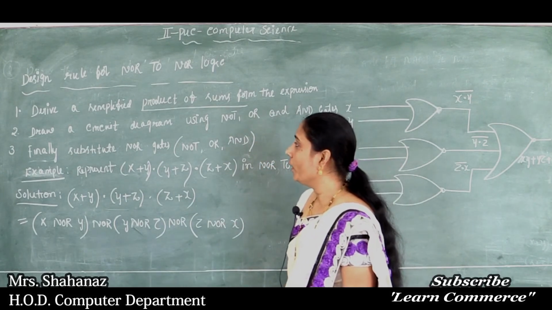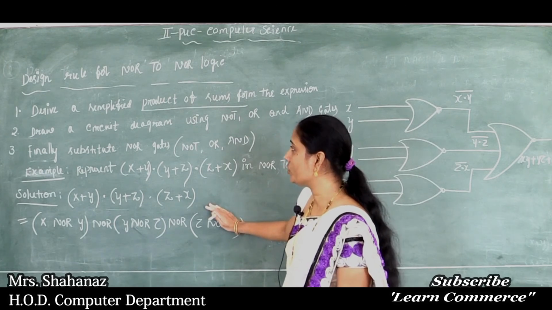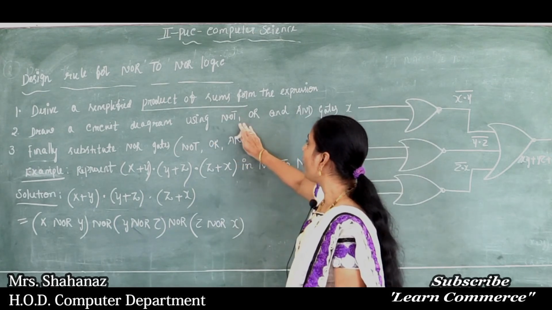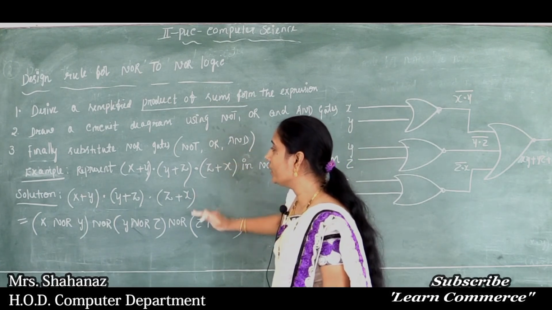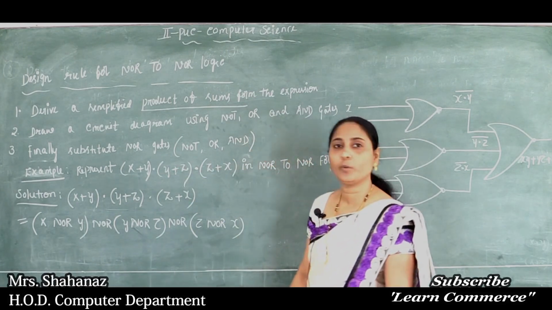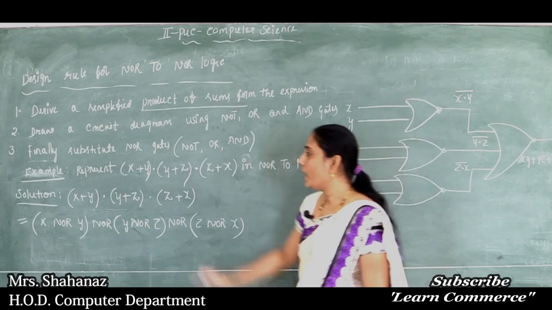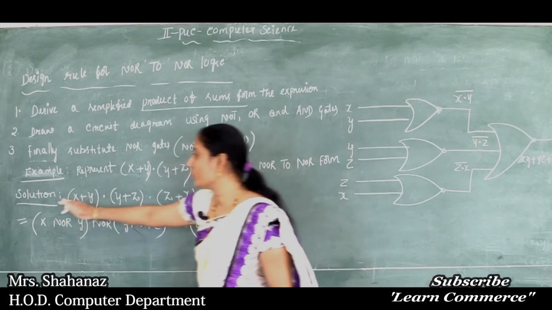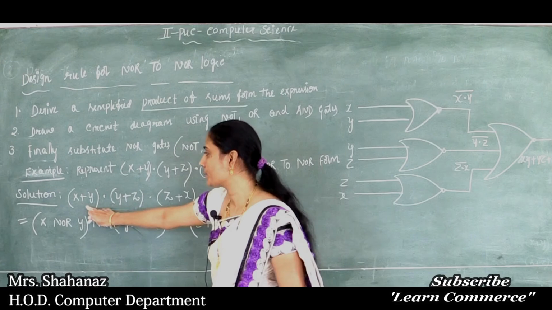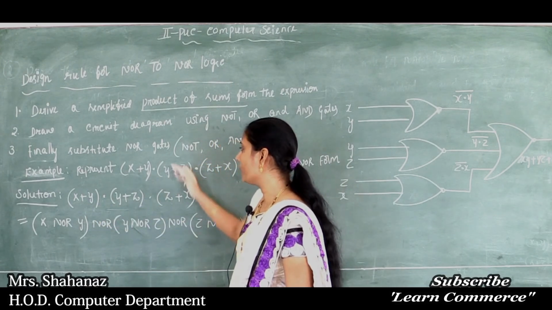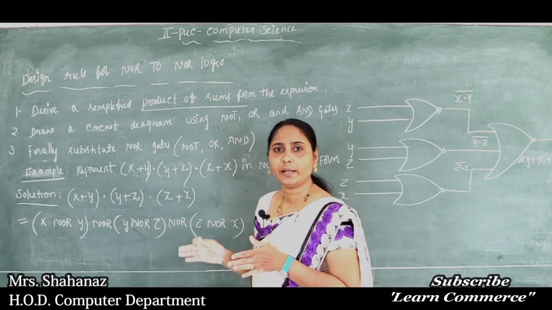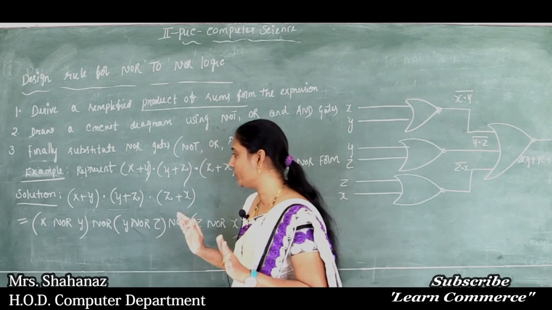Now the next one: draw a circuit diagram using NOT, OR and AND gates. Before drawing, I am going to write the Boolean expression that is in the question: (x plus y) and (y plus z) and (z plus x). Whatever is in the question, I wrote in the same manner, with no changes.